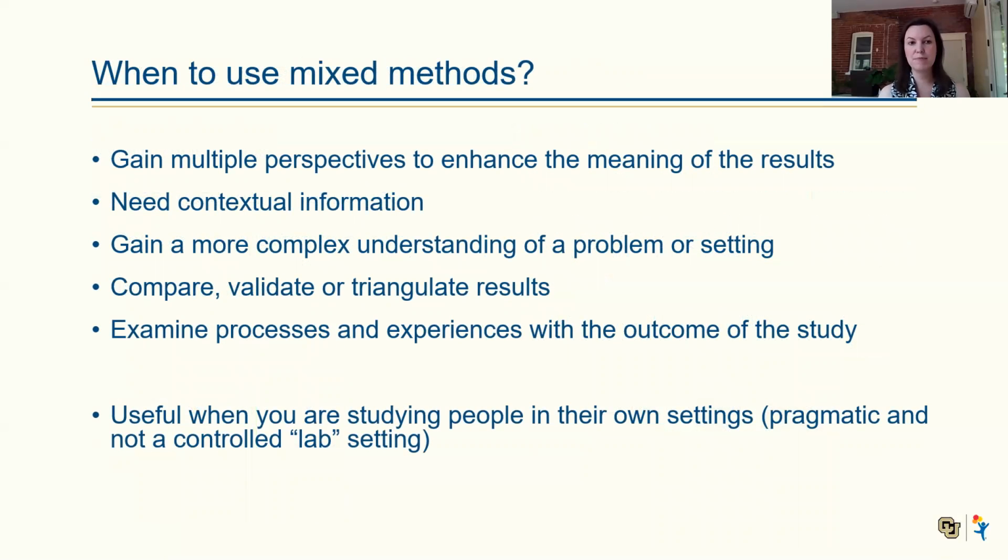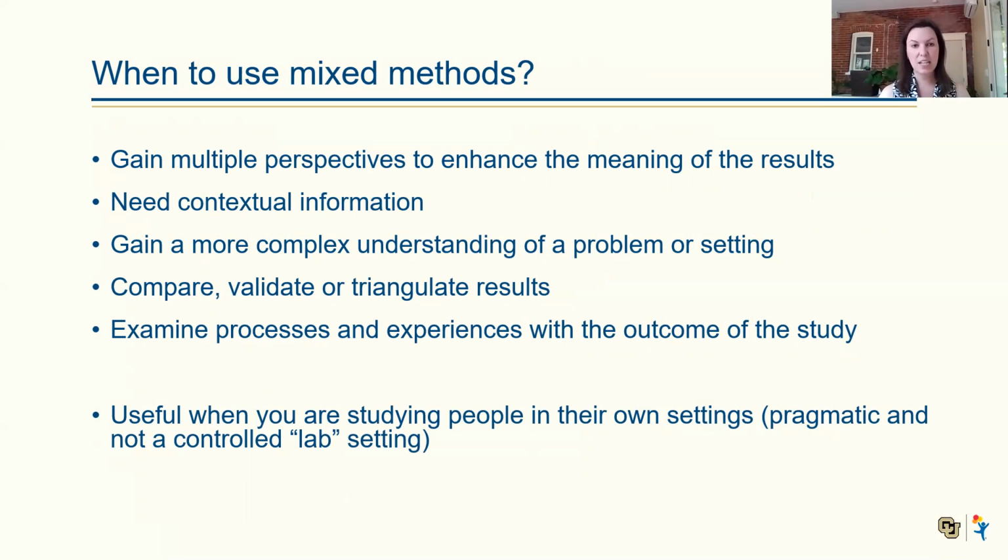When might you use mixed methods, particularly in the context of pragmatic trials? So you might want to understand multiple perspectives to really enhance the meaning of the results. One of our colleagues says that mixed methods is 1 + 1 = 3. So this really enhanced meaning.